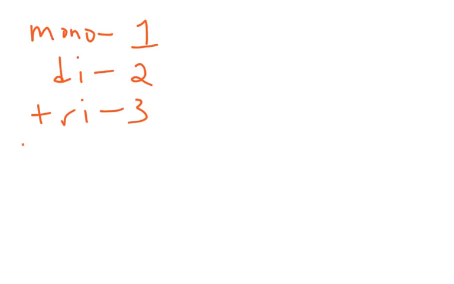And the prefixes that you're going to need to know or memorize are the prefixes from 1 to 10. Mono means 1, di means 2, tri is 3. This one is a little bit confusing for people. Tetra is 4.